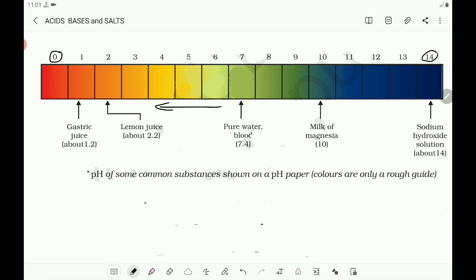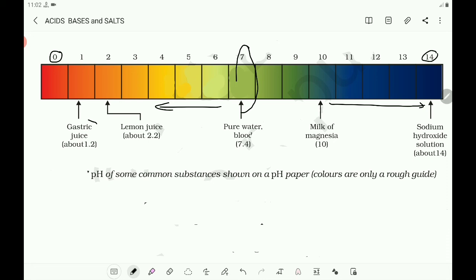For the neutral solution, it is approximately green, and it changes from green to blue, dark blue, navy blue, that is violet blue. Basicity increases from green to dark blue to violet. So as the redness increases, acidity increases, and as the blue violet increases, basicity increases.